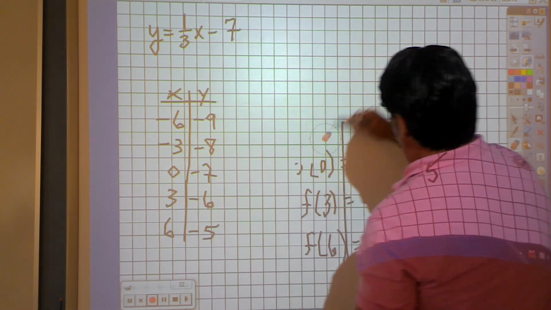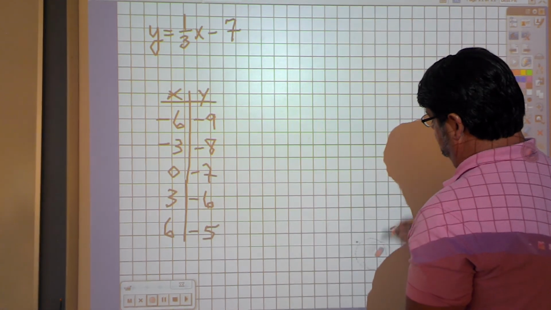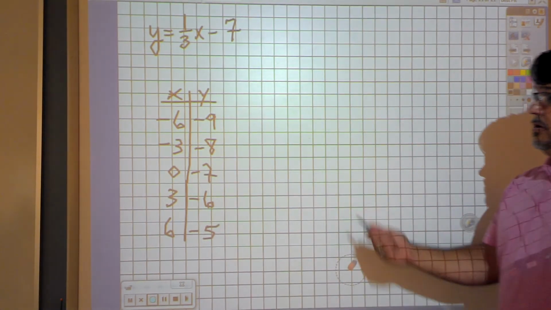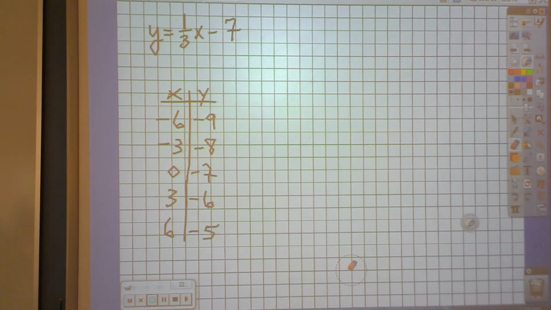So my question is, how do you find the domain and the range when it could keep going? The domain will be signified by a graph, or designated by an instructor, or designated by the directions. If it's not, then it's going to be all real numbers, or whatever the graph they give you.